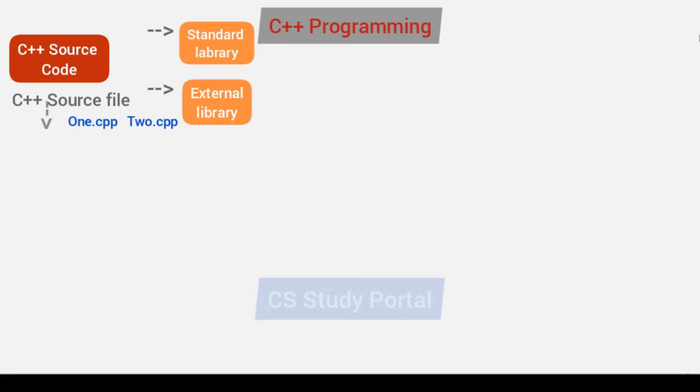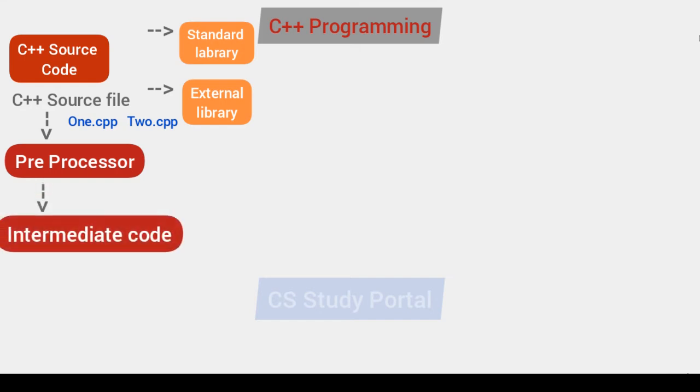We use a program called the preprocessor. This preprocessor takes the C++ source code as the input, does some processing and generates the intermediate code. The preprocessor does a lot of work and provides a lot of features.